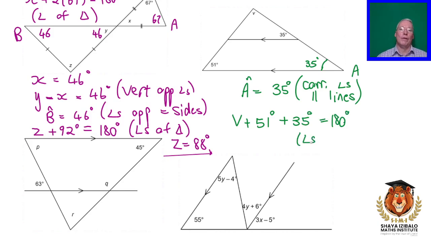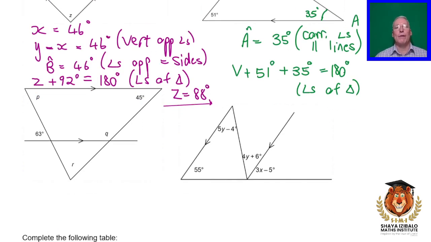Angles of triangle. And we're talking about the big triangle. Right. 51 plus 35 is 86. So if we subtract 86 from both sides, we get 94 degrees. Right, so V is 94 degrees.